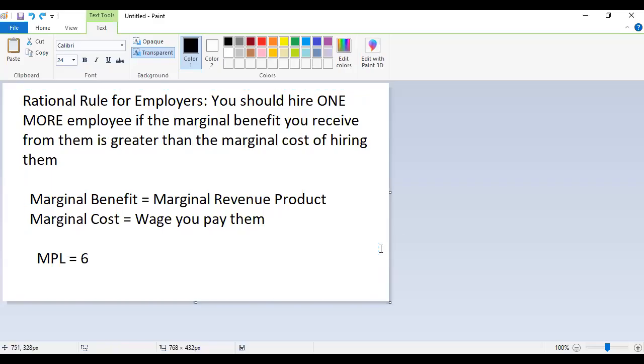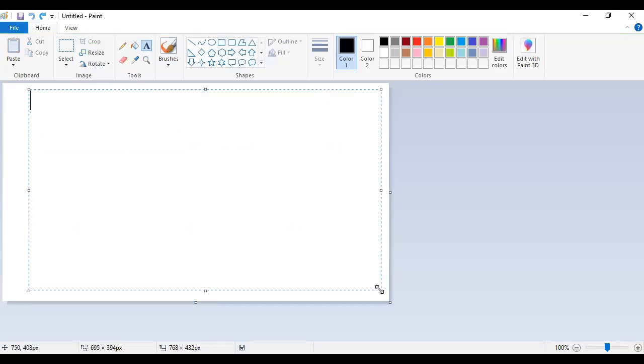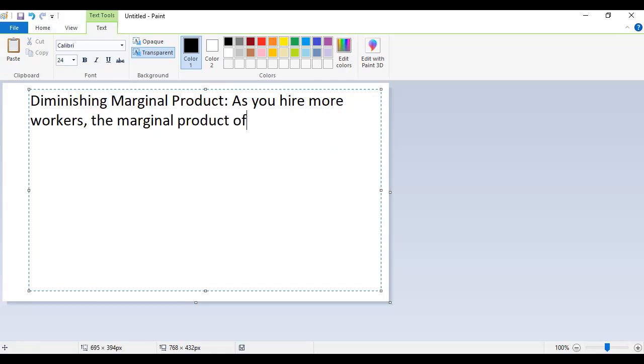Okay. Diminishing marginal product. What this basically says is that as you hire more workers, the marginal product of labor decreases from the previous worker.